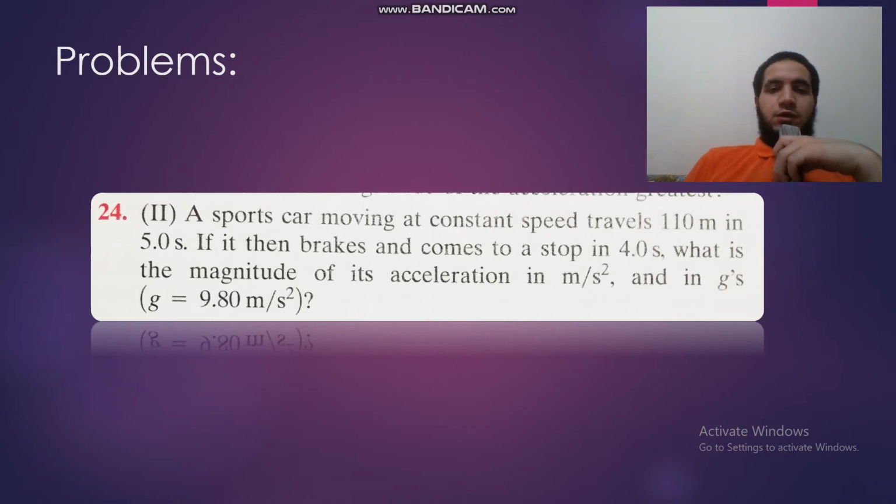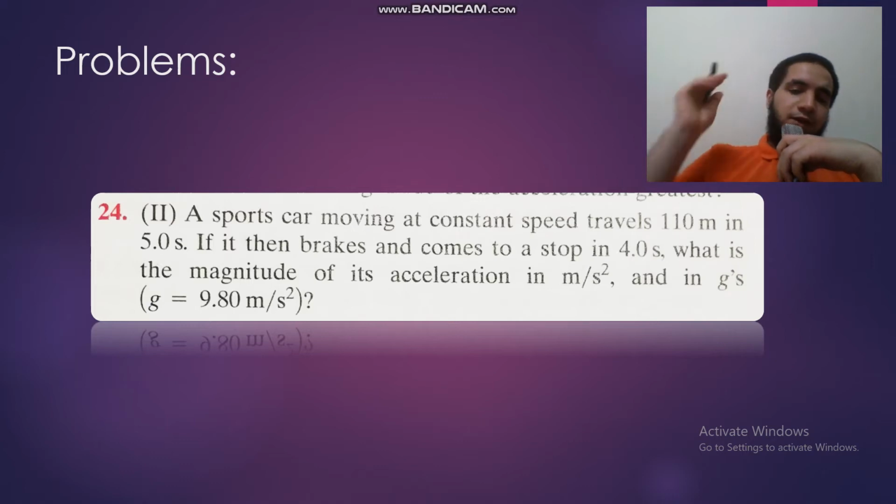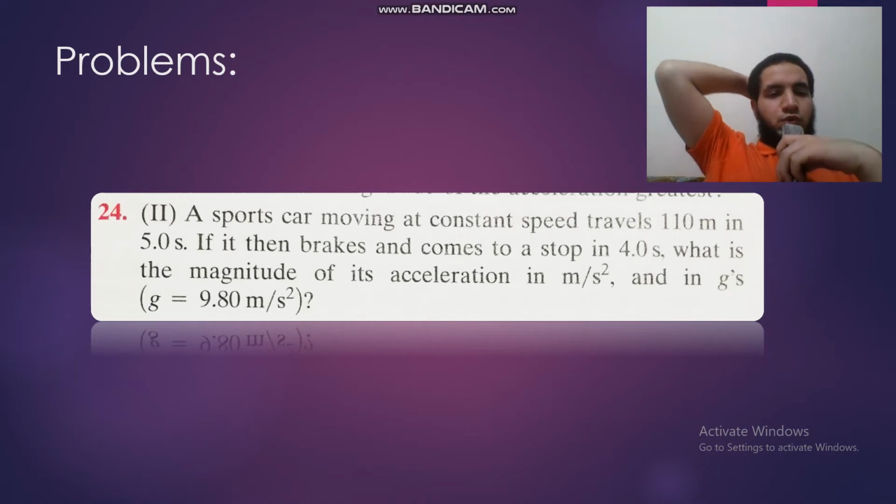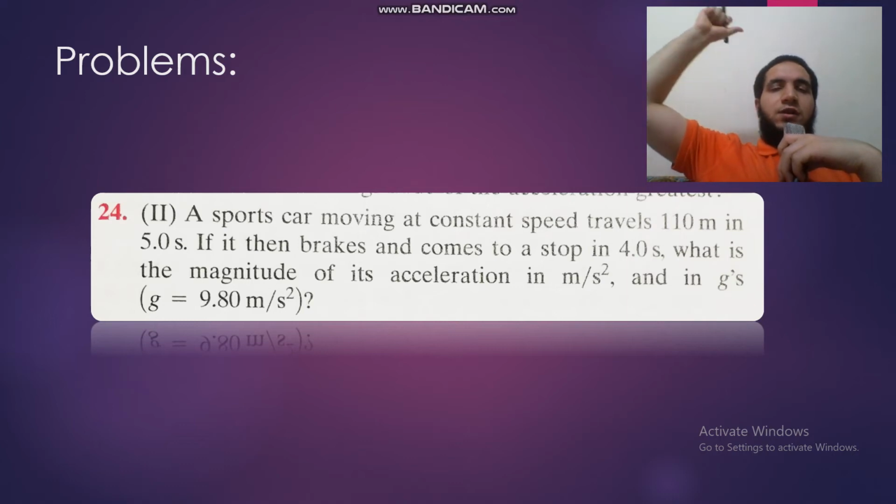The first part, when the car was moving at a constant speed, which is 110 meters per 5 seconds, and we have here delta x and we have delta t, so we're going to make v the starting velocity.